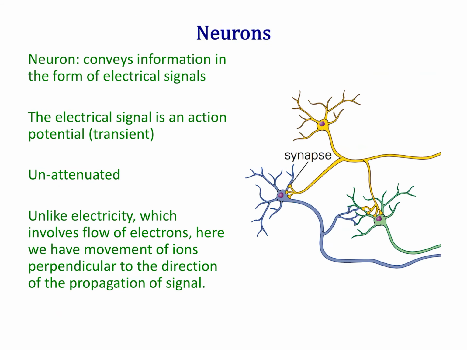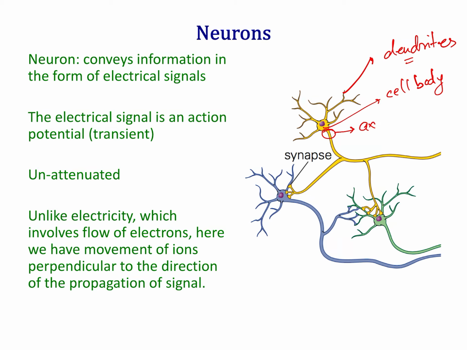So neurons are essentially cells which convey information in the form of electrical signals. So if you look at the yellow neuron here, it has various parts. These are called dendrites. Dendrites are responsible for receiving signals from another neuron. This part is called the central cell body, and this cell body is responsible for processing these electrical signals received by the dendrites.